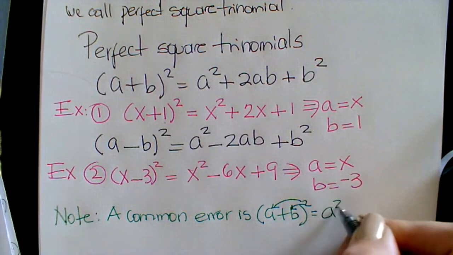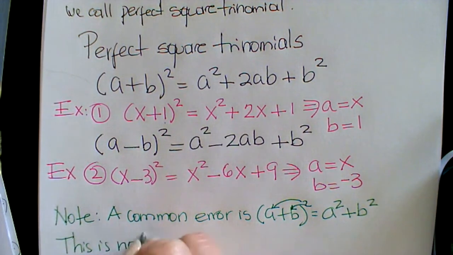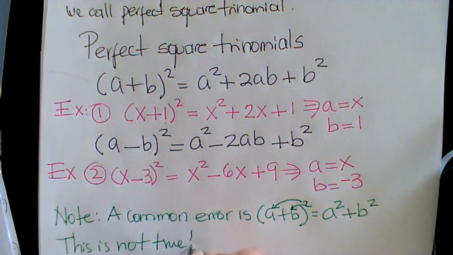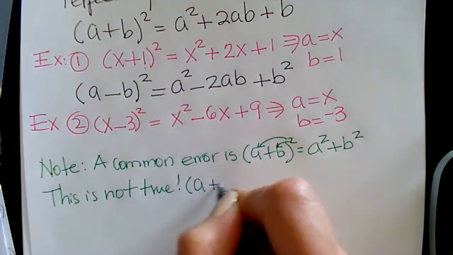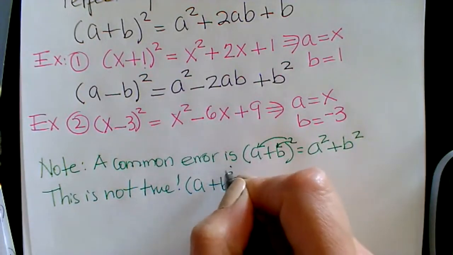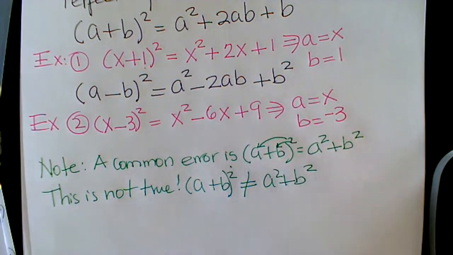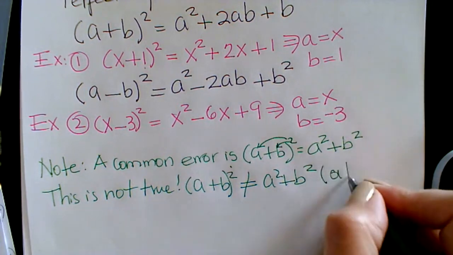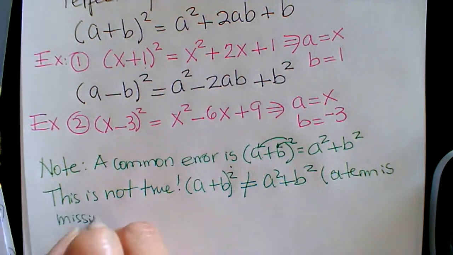So we said that this is equal to a squared plus b squared, and that's not true. Okay, because a plus b squared is not the same as a squared plus b squared. Be careful. Right here, a term is missing in the middle.